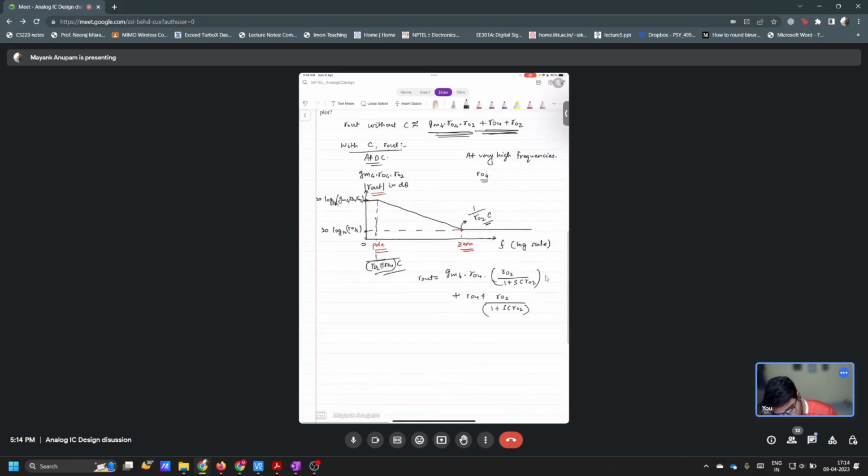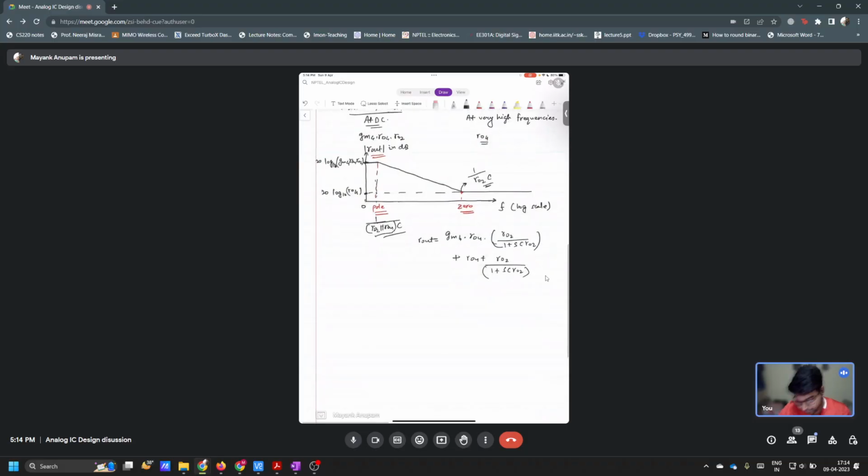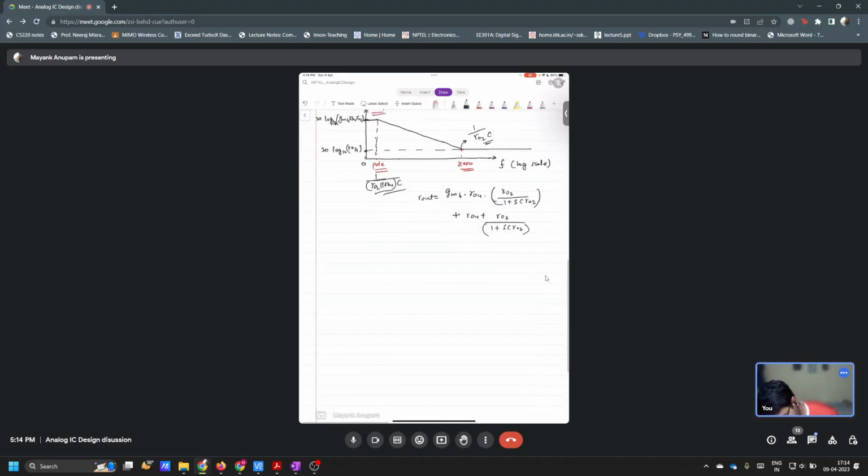So it is actually equal to GM4 RO4 into RO2 divided by 1 plus SCRO2, plus RO2 divided by 1 plus SCRO2 plus RO4.